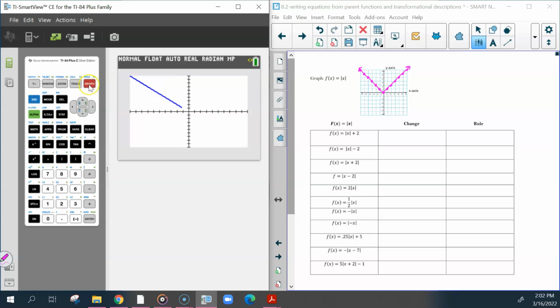So if I graph that, I have my original, and then I have my plus 2. Then I'm going to go back and do all the rules here in a second.